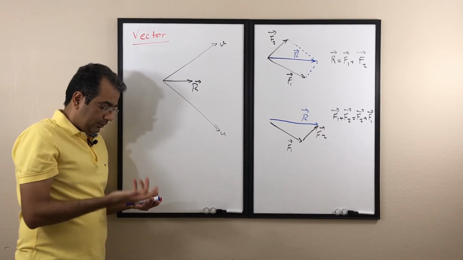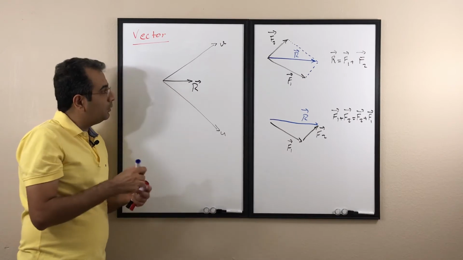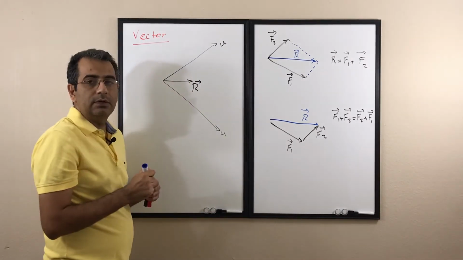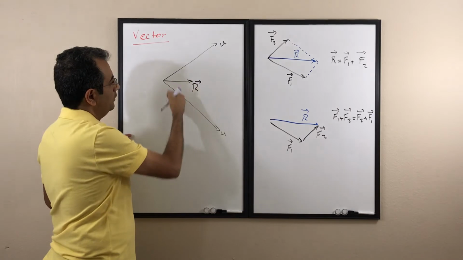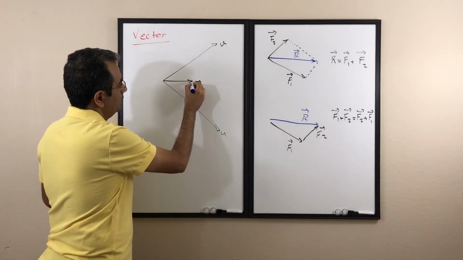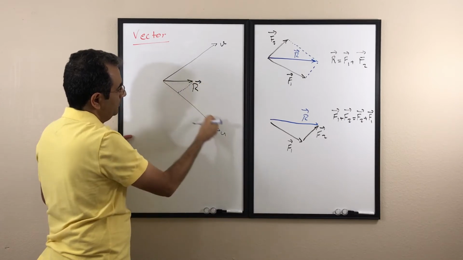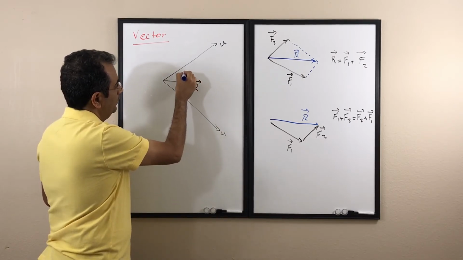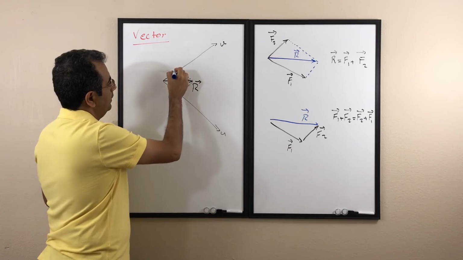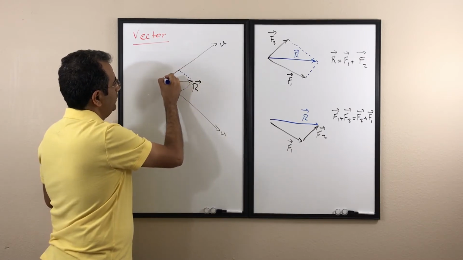decompose it. To do that, again, from the tip of that vector, we draw a line parallel to each axis. So from here we draw a line parallel to this axis, and from here we draw a line parallel to the U axis, and then we have these two vectors.